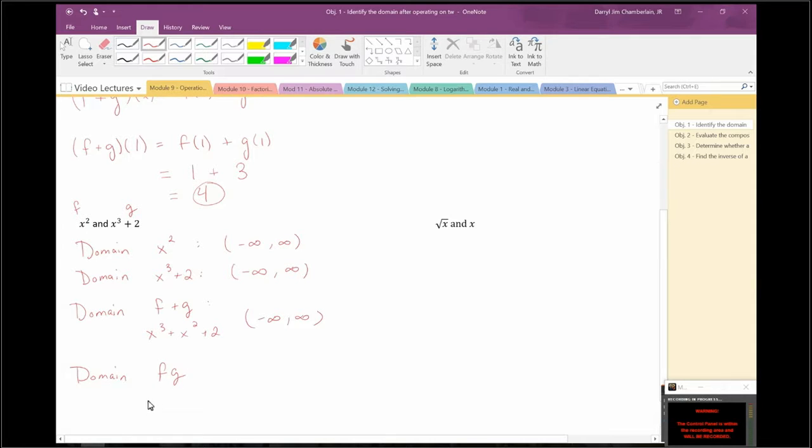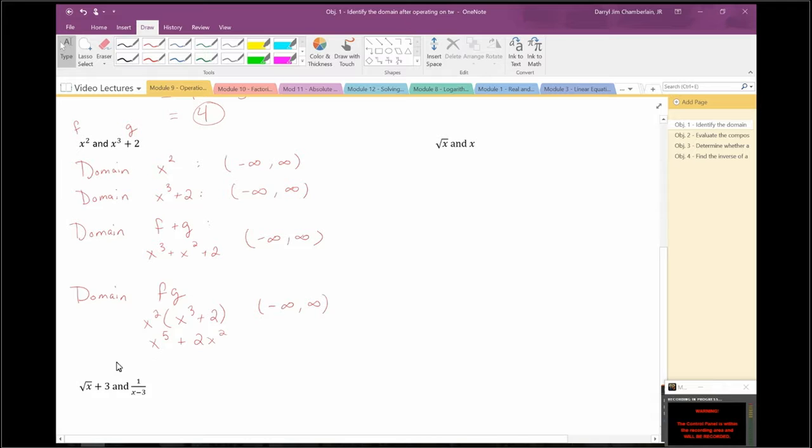Even multiplying them, that gives us x squared times x cubed plus 2, which is just x to the 5th plus 2x squared. And like we saw in that polynomial section, this is still a domain of negative infinity to infinity.